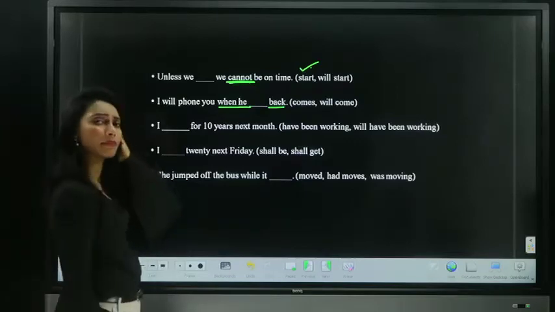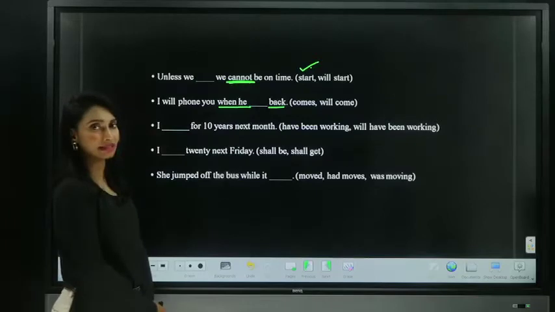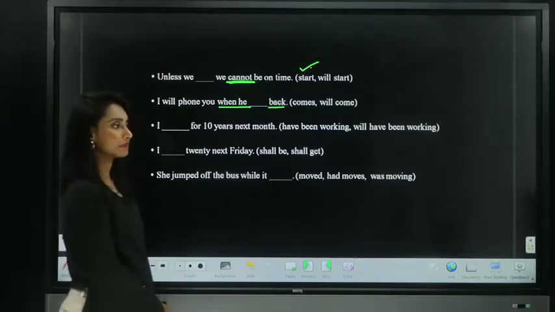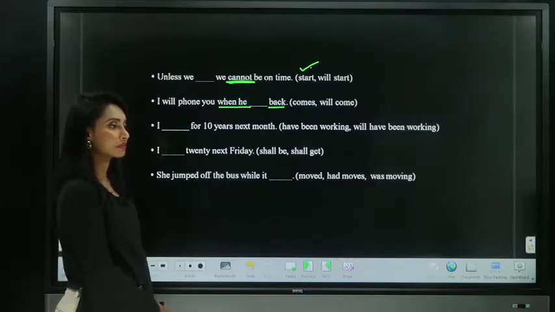Comes or will come? I will phone you when he comes back. Right, Swapna.